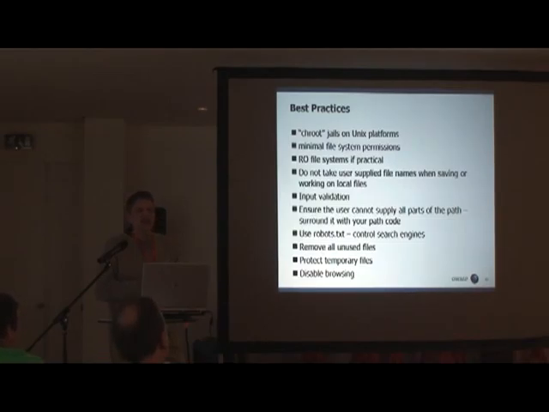Robots.txt, you definitely want to use that for areas of your site that are somewhat confidential, because what will happen is, say you use something that's a little more well-known like WordPress.